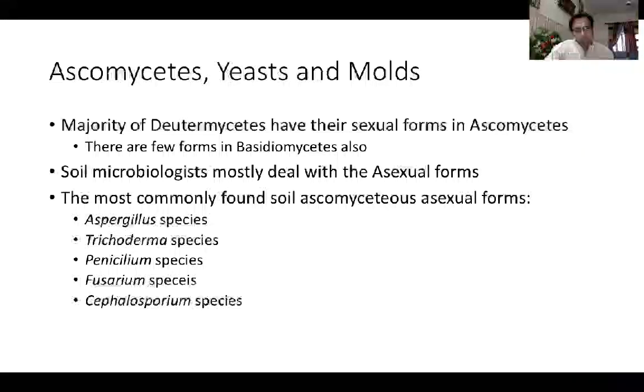The most commonly found soil Ascomycetes fungi are Aspergillus species, Trichoderma species, Penicillium species, Fusarium species, Falciparum species. All these fungi are asexual forms, and they are anamorphs. Similarly, there are other members like Colletotrichum and many more examples.